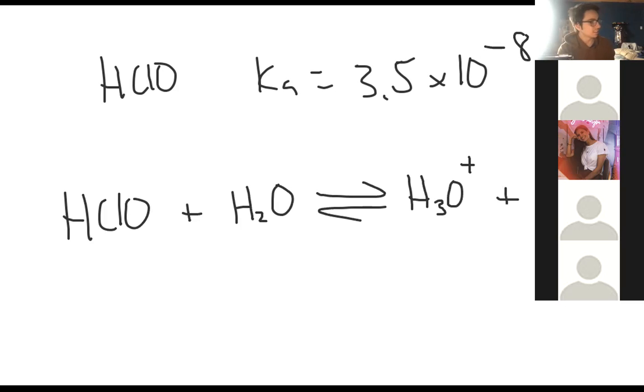The next thing you wanted us to tell is write the chemistry defining Kb for the base. And we can say that Kb is equal to Kw over Ka.